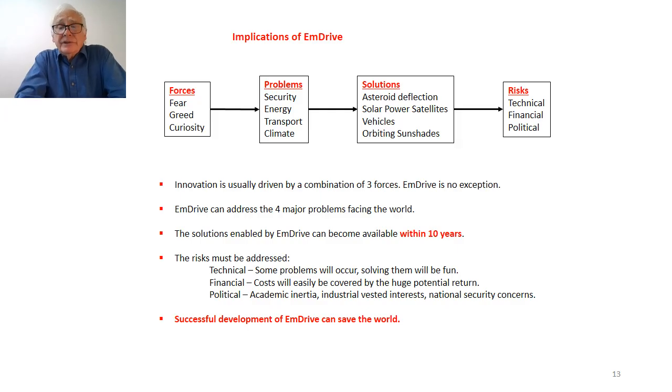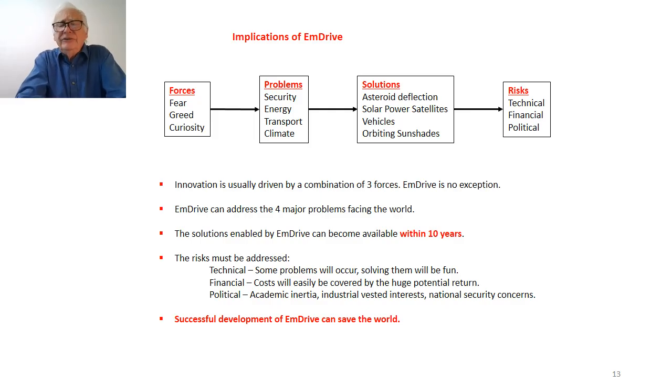Now, the solutions that EmDrive offers include asteroid deflection, which indeed may actually save the world from being destroyed, or at least humanity from being destroyed. Solar power satellites, which have always been a major application with significant improvements for power generation, global power generation.